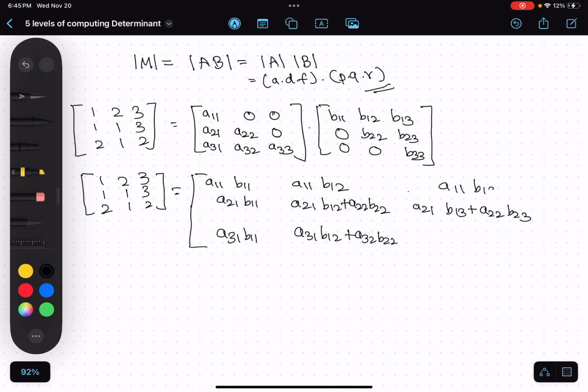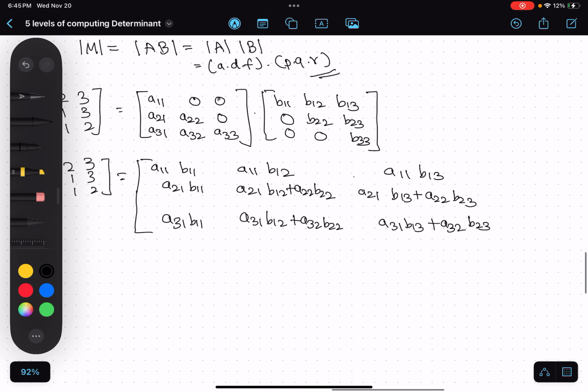Third row with third column, that will be long: A31 B13 plus A32 B23 plus A33 B33.